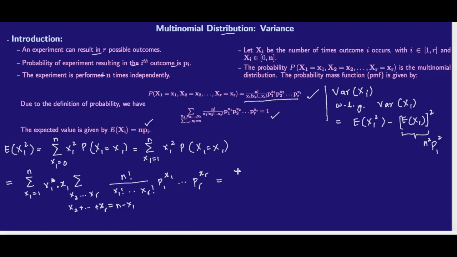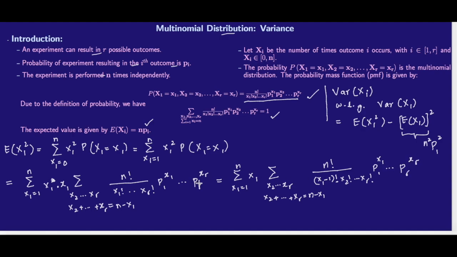So this will give me the sum over x1 equal to 1 to n of x1, and then the sum over x2 up to xr such that their sum is n minus x1, of n factorial divided by x1 minus 1 factorial, x2 factorial up to xr factorial, times p1 to the x1 up to pr to the xr. Correct?